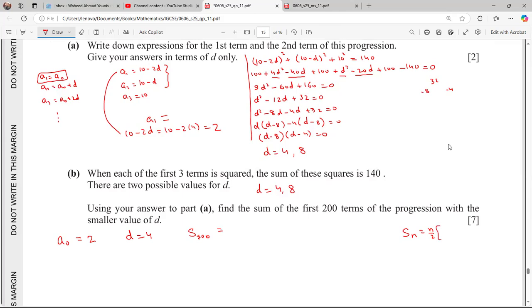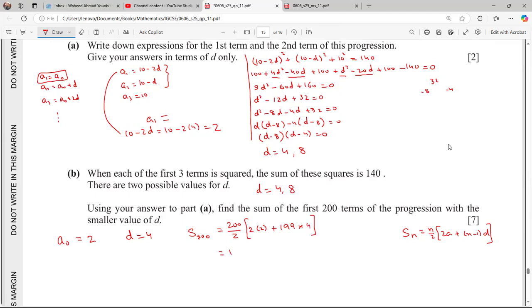If you remember, the formula is that the sum of n terms is n by 2 into 2a plus n minus 1 into d. Remember this formula? The sum of n terms in an arithmetic sequence. So for 200, it is going to be 200 over 2, and then 2 times 2 plus 199 times d, which is 4.